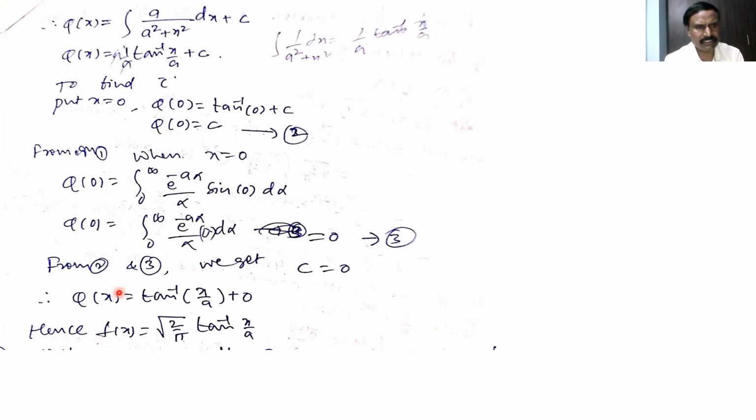Left hand sides are equal, so right hand sides must be equal. So c value is 0. Then substitute this c value here. What will we get? Phi of x is equal to tan inverse x by a. Hence f of x is equal to square root of 2 by pi tan inverse x by a.